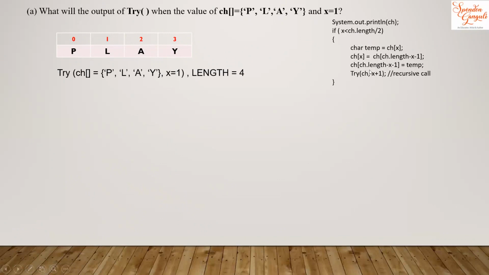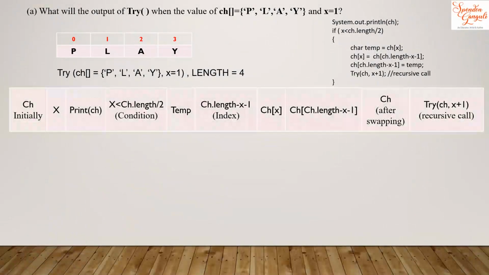The recursive function has the print statement, then the condition for the recursive case. Inside the recursive case, the temporary character holds the character at a given index position, and then a swapping takes place, and after that we have the recursive function call. Let's see how it will be placed in the dry run table.